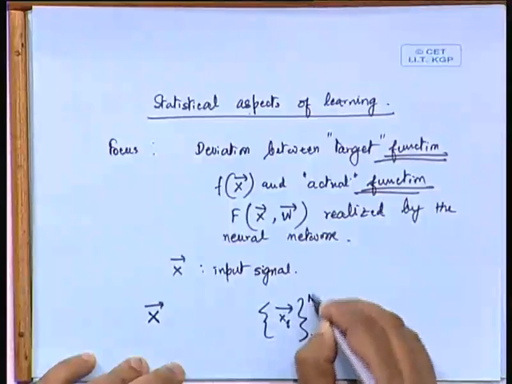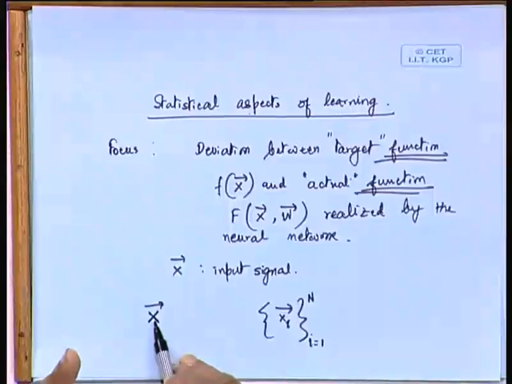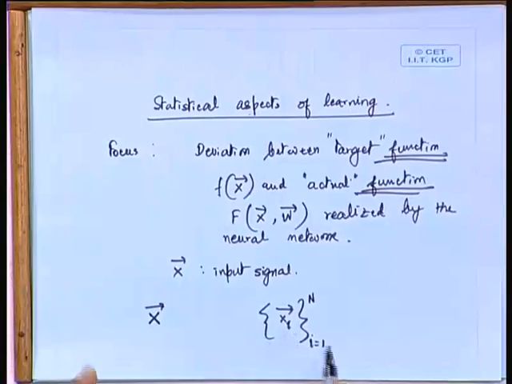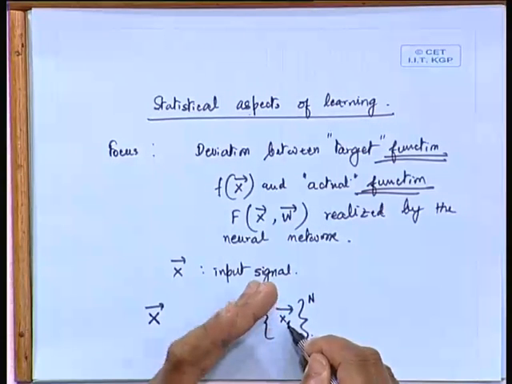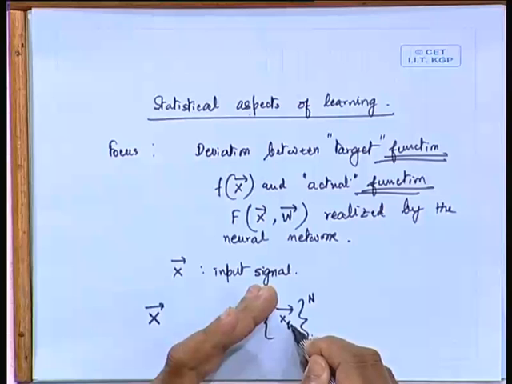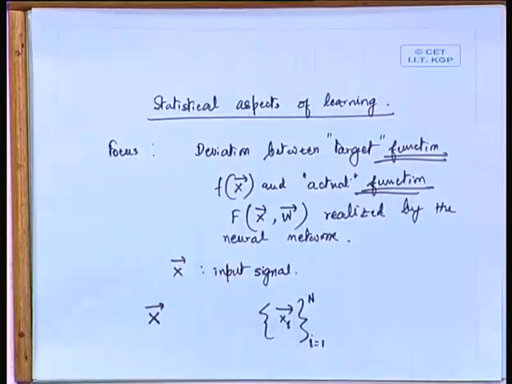So, I get a set of xi vectors for i equal to 1 to n, meaning again X is a random vector and I am taking its particular instance xi. Xi is the ith instance of the vector, and how many such instances have I gathered? i equal to 1 to n.